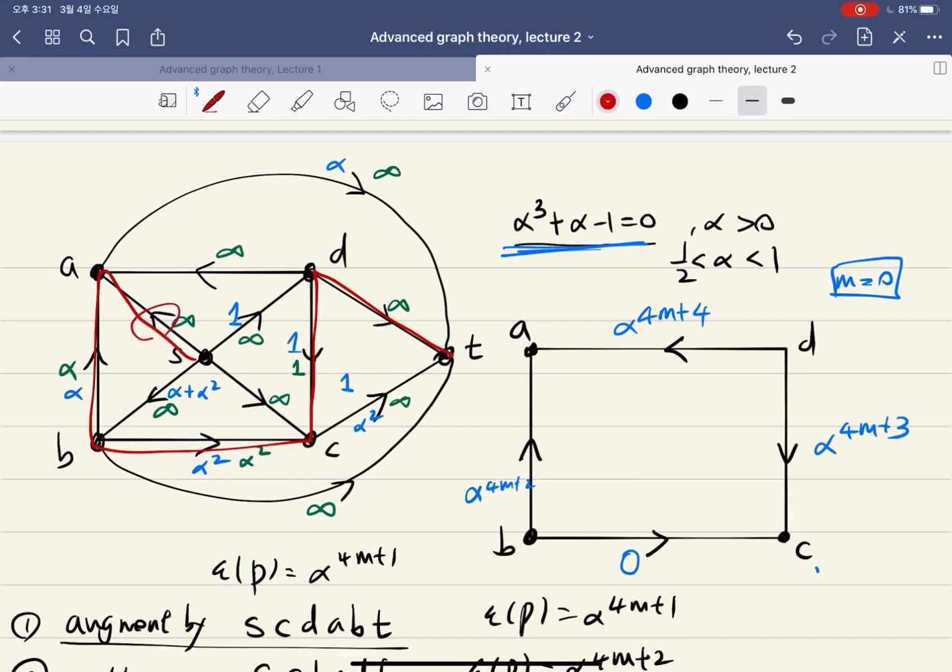We don't have to check this too because its capacity is infinite, so we can augment as much as we want. But here, this can be decreased by this alpha to the 4m plus 2 amount, and this can be increased by 0 to its capacity, alpha to the 2. And this can be decreased by alpha to the 4m plus 3. And this is the smallest value.